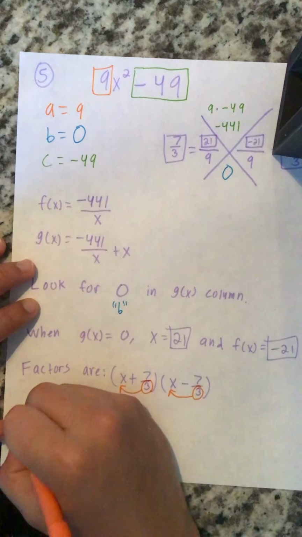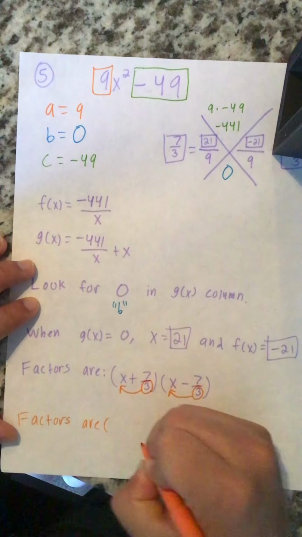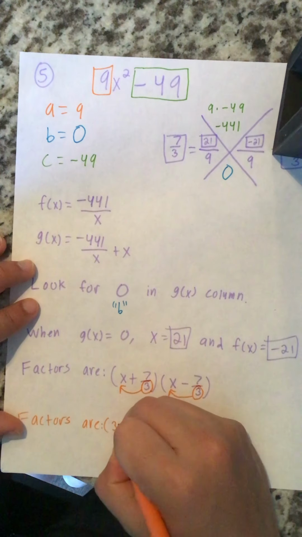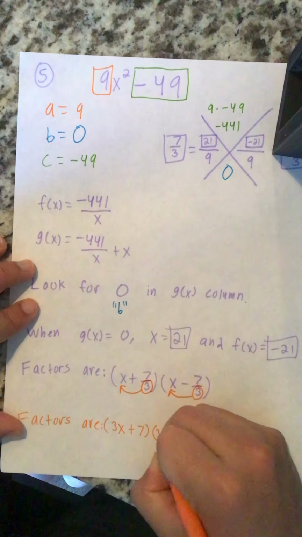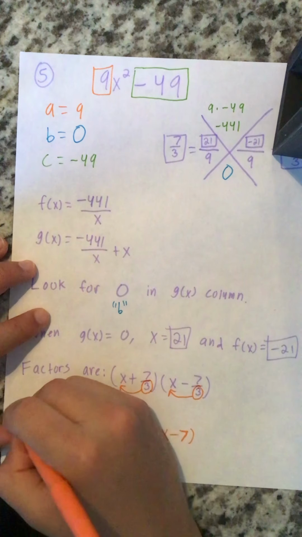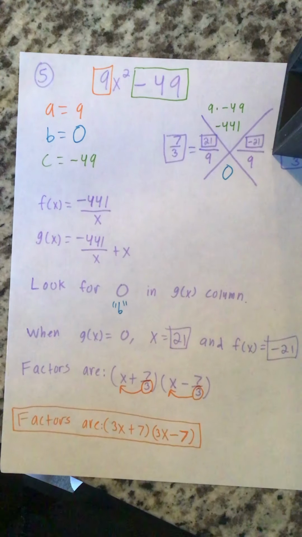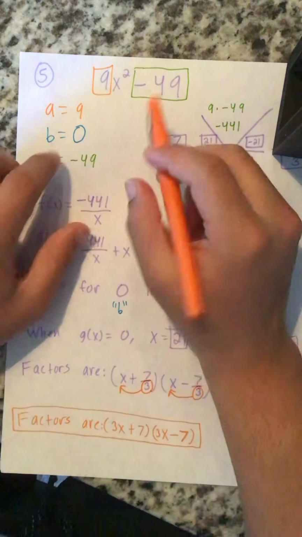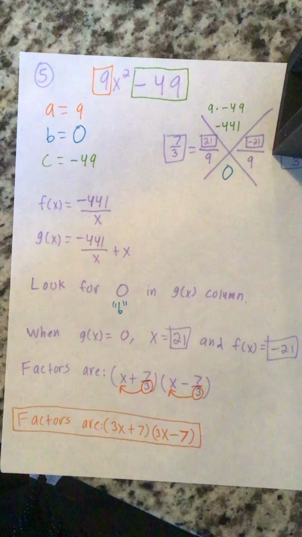So the factors are 3x plus 7 and 3x minus 7. And that's it. Those are my two factors. I am done. Even though it looked kind of funky when we started, because there's no b, we do it the exact same way and we still get two factors.